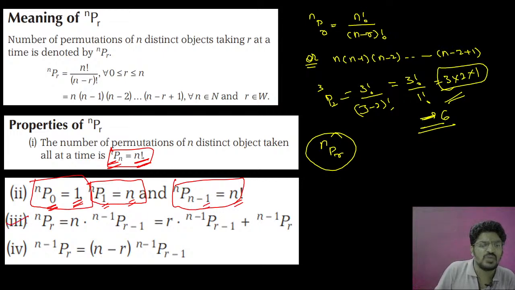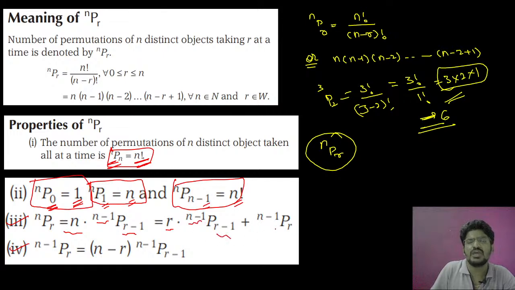In the same way you can go for the third and fourth property, that is nPr is nothing but n into (n minus 1)P(r minus 1), which equals r into (n minus 1)P(r minus 1) plus (n minus 1)Pr. So all these formulas you have to remember.